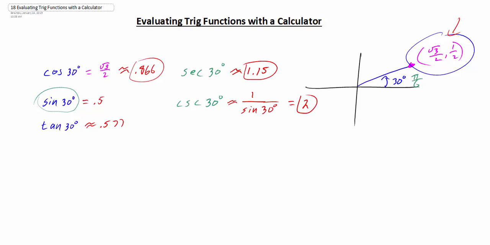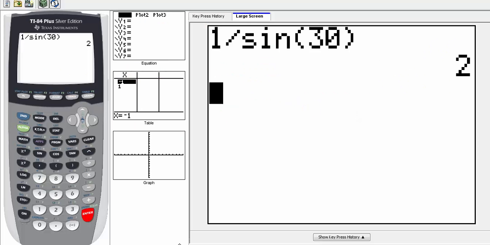Now that makes sense because over here we said the sine of 30 is 1/2, so that's 1 over 2, and essentially what we're doing is taking 1 divided by 1/2, so 1 divided by 0.5 is 2.